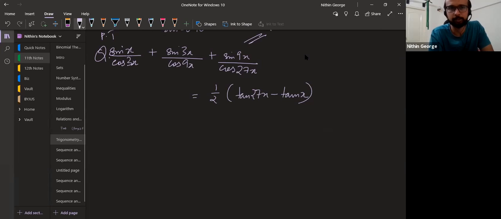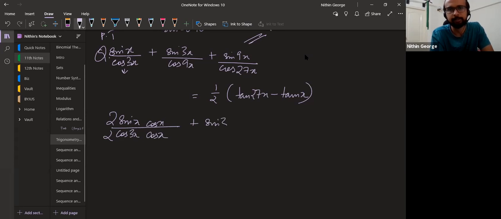Okay, so let's start solving this. Here, I see sin x on top and cos 3x below. So I'll write that sin x as 2 sin x cos x, and this cos 3x will help me multiply it by 2 cos x.